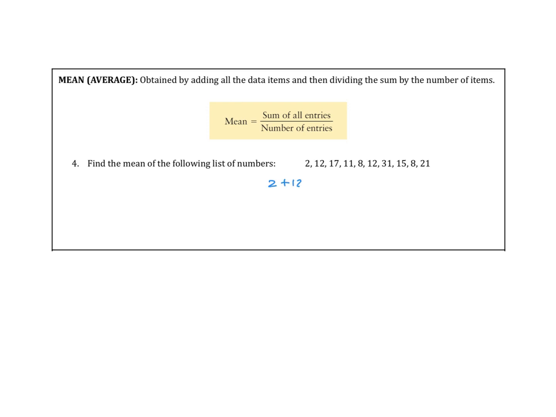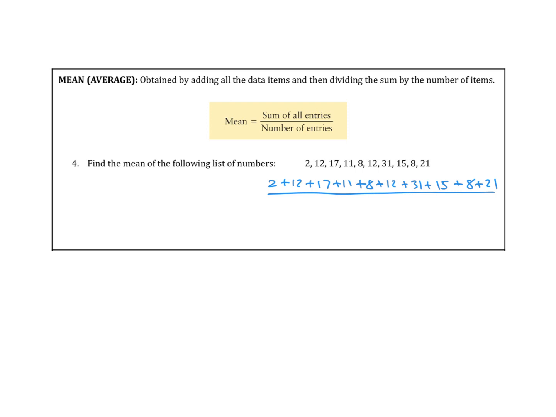2 plus 12 plus 17 plus 11 plus 8 plus 12 plus 31 plus 15 plus 8 plus 21, divided by, I'm going to count how many numbers I have. 1, 2, 3, 4, 5, 6, 7, 8, 9, 10.